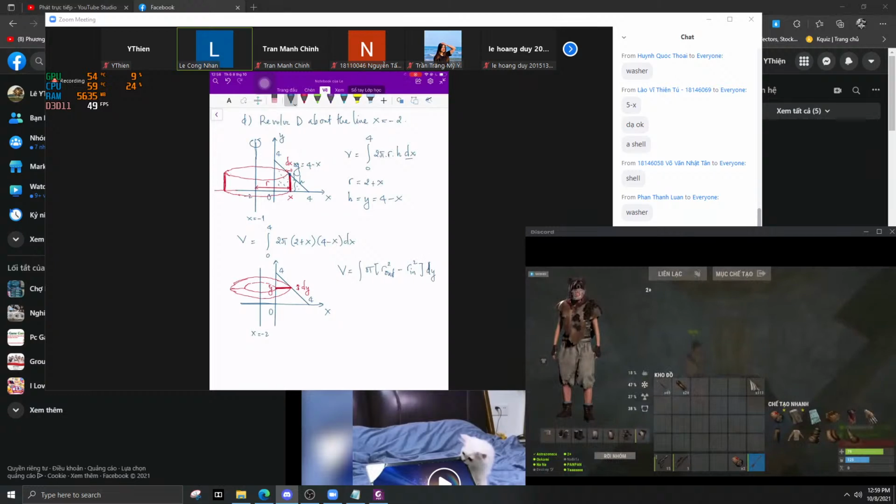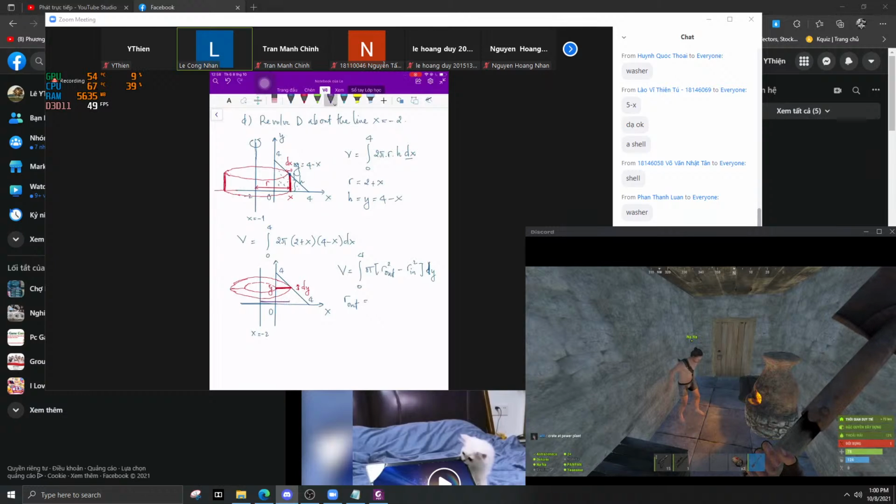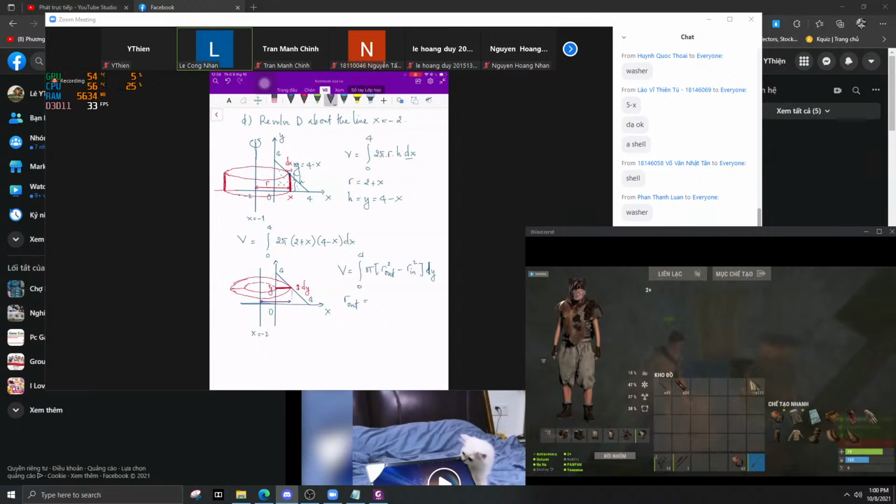That is the technique. And because y varies from 0 to 4, the outer radius is the distance from the axis of revolution to the farthest point of the horizontal rectangle.